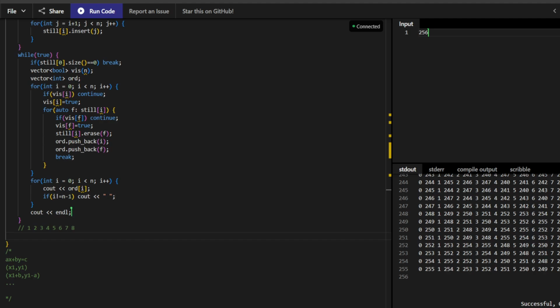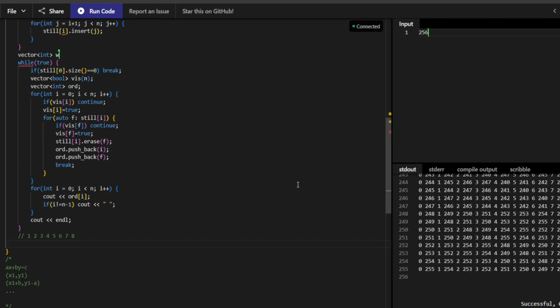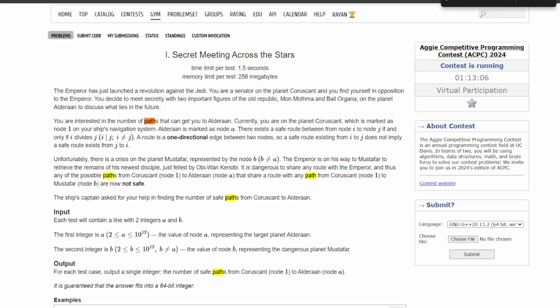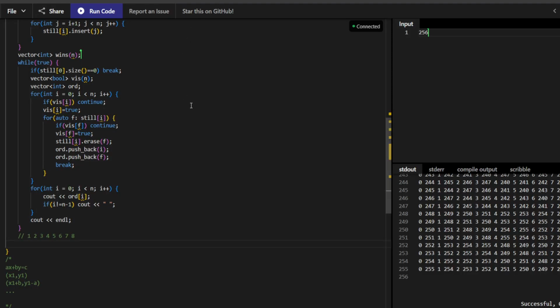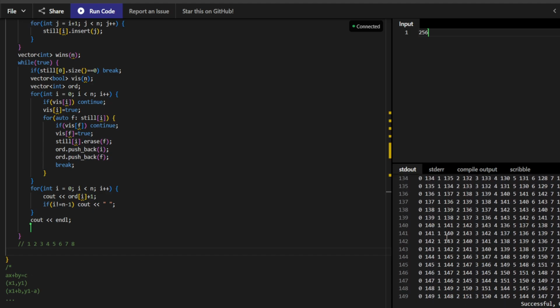Okay. Then you construct the graph. Yeah. Well, we don't need to. Just how many wins each person has. And then a line of n over 2. Okay, cool.